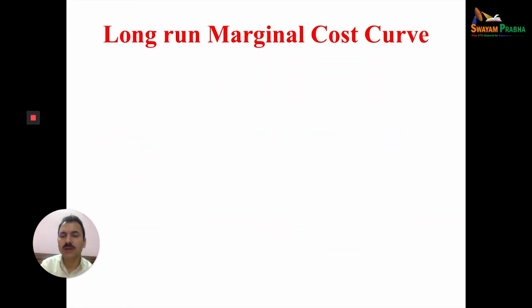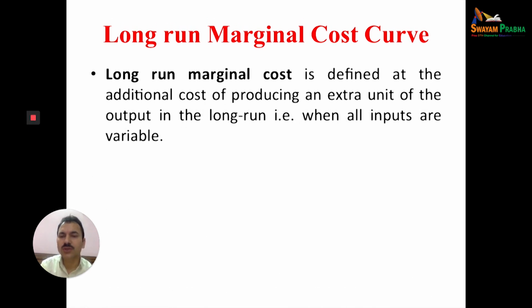Now, the long run marginal cost curve. Marginal cost means additional cost. So the long run marginal cost curve is again derived from the short run cost curves. The long run marginal cost curve is defined as the additional cost of producing an extra unit of output in the long run, that is, when all inputs are variable. In the long run, we have to assume that all factors of production, all the inputs, are variable.